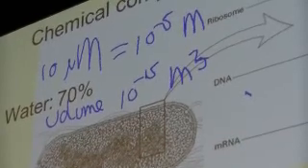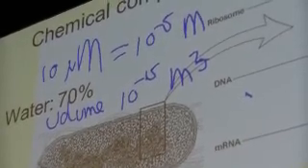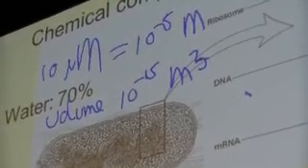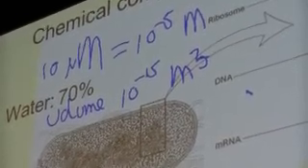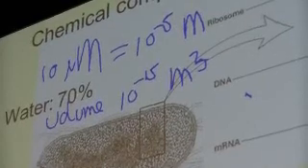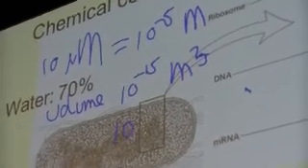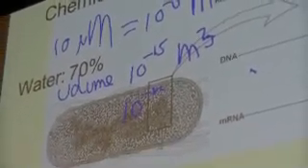Am I good? I'm very nervous about math in public. Bear with me. A cubic meter is of course 1,000 liters, so that means we have 10 to the negative 12 liters.